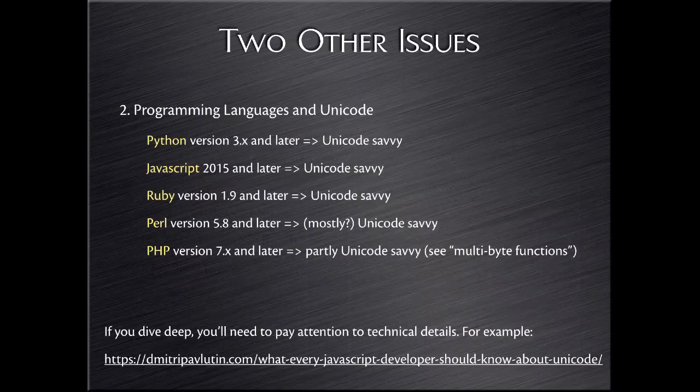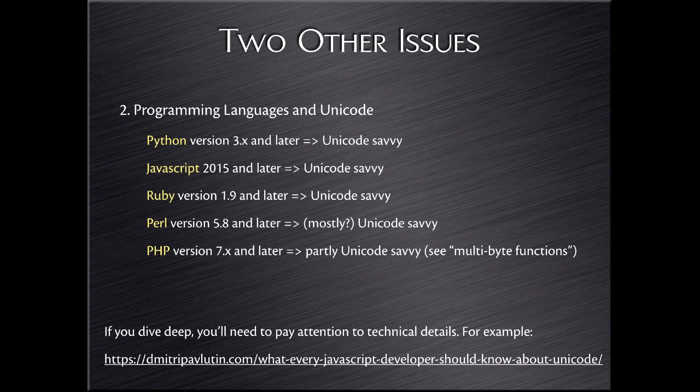The second thing is that the programming languages that we use when we work with databases these days, more and more of them are Unicode savvy, but they're not all there. Perhaps the most popular one right now is Python, and I teach Python quite a lot. As long as you're using version 3 or later of Python, you're totally Unicode savvy. So don't worry about it. It knows how to work with Unicode.